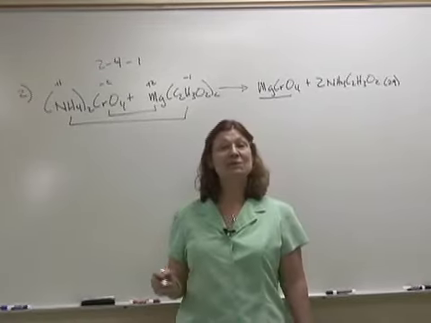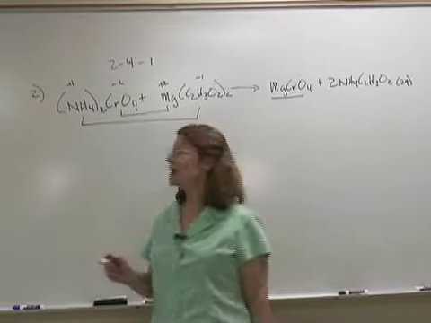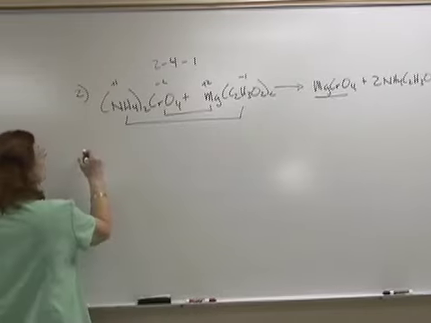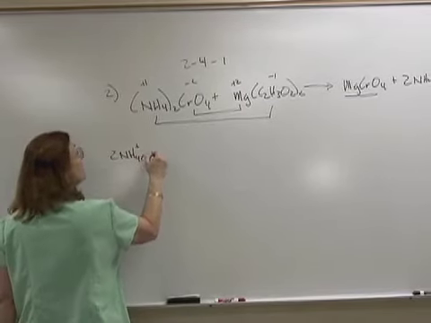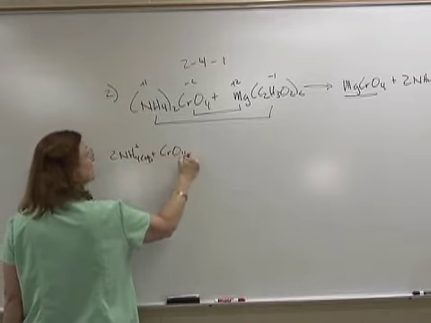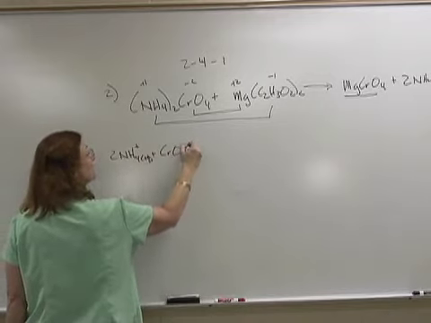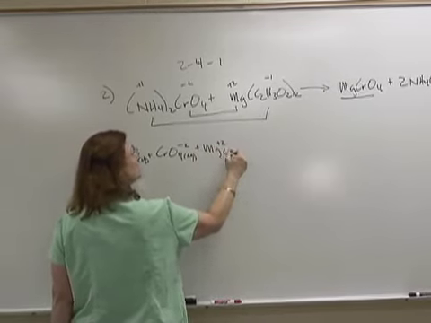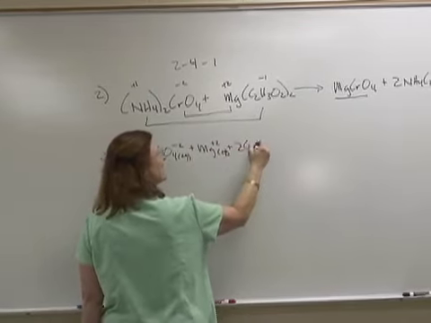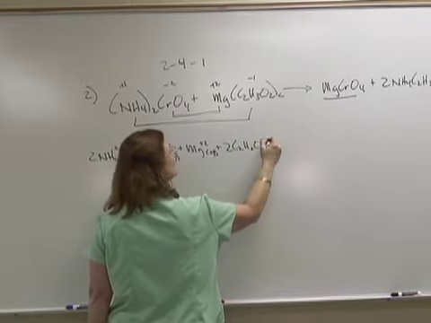Now, everything that's aqueous must be separated into the ions. And I have 2 ammonium ions, aqueous, plus chromate ions, aqueous, plus magnesium ions, aqueous, and 2 acetate ions, aqueous.